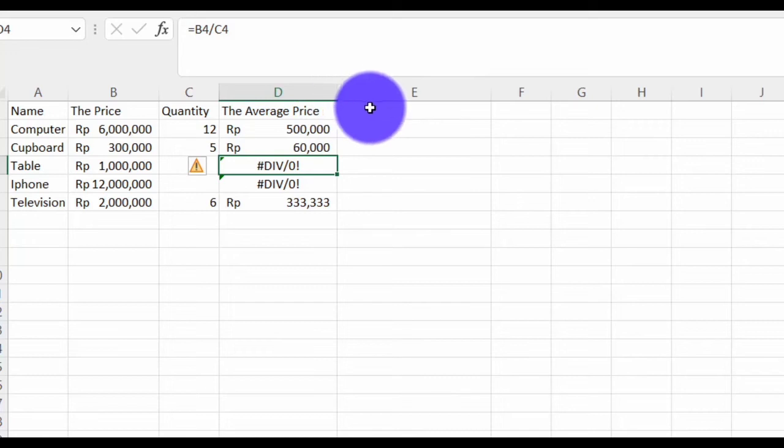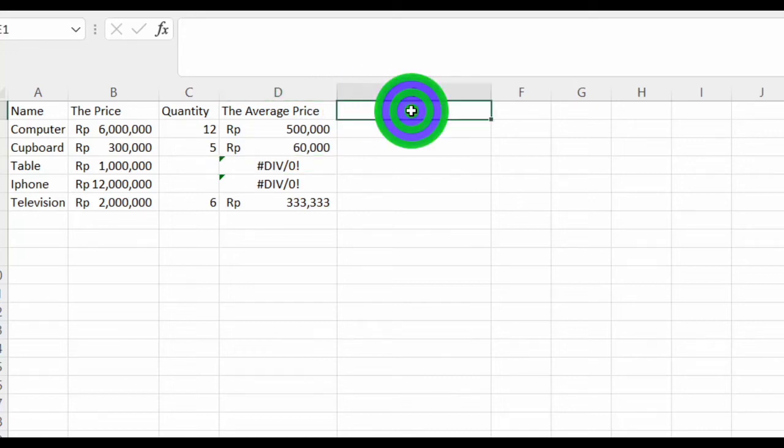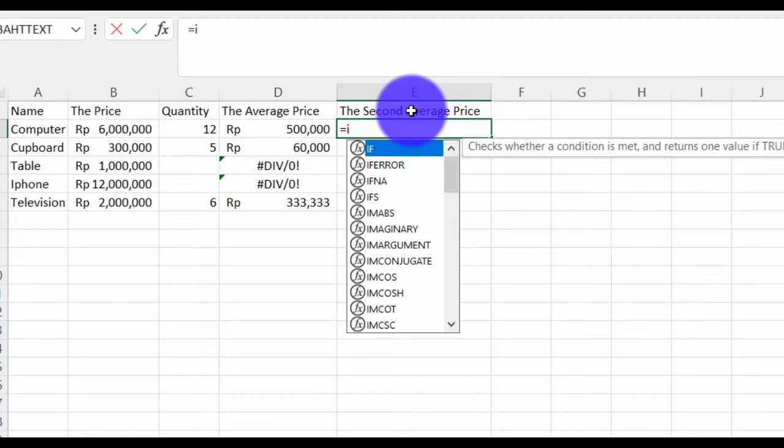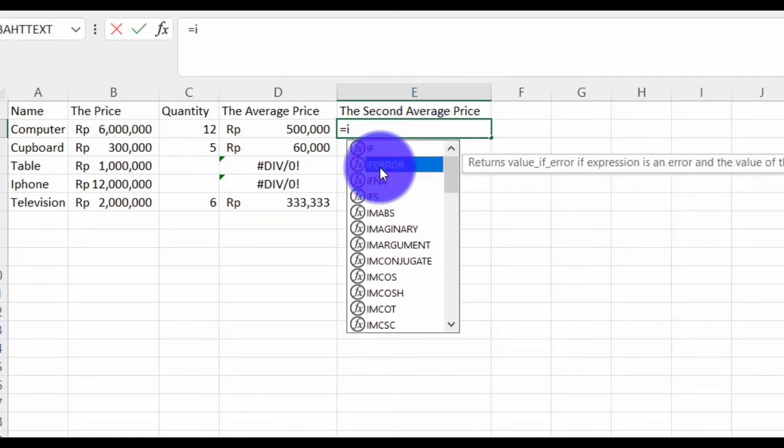Yeah, I made the new column, the second average price. Okay, how can I solve it? The answer is I make equal, and then IFERROR, yeah, I use this value.